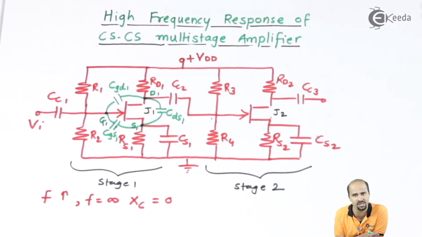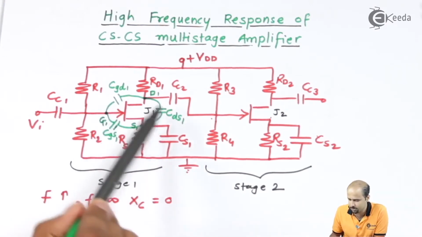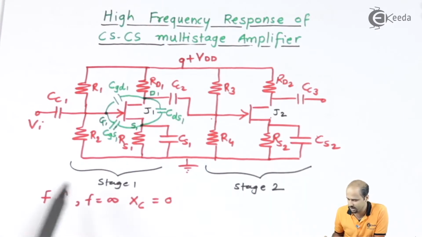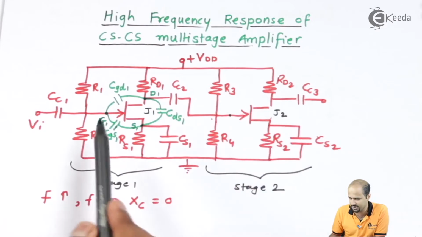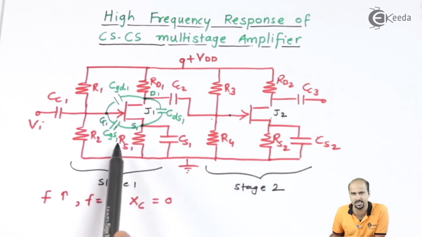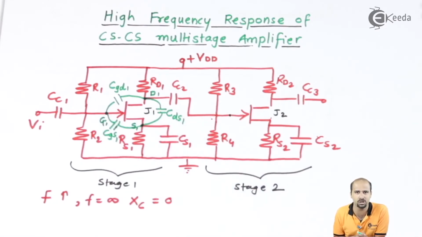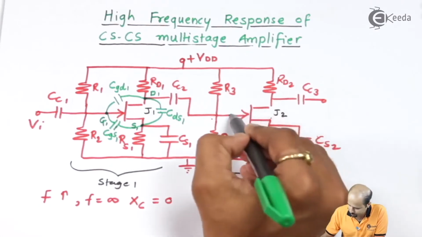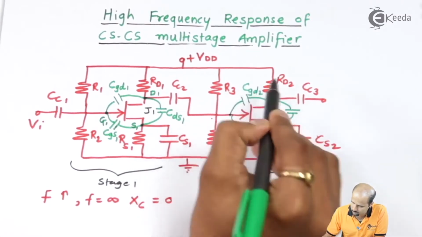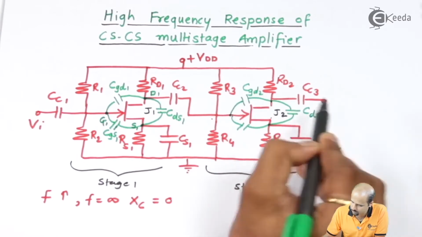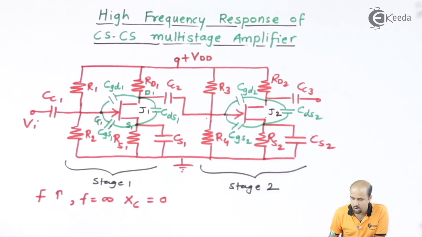In high frequency analysis, we are dealing with these capacitances for stage 1 as well as stage 2. For stage 2, we will have the same CGD2, CDS2 and CGS2, and then we will move further to how to calculate the value of FH, the higher frequency cutoff. These are the capacitances formed by stage 1 and stage 2.